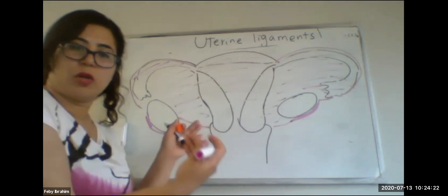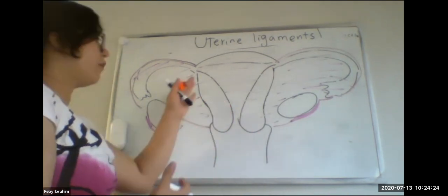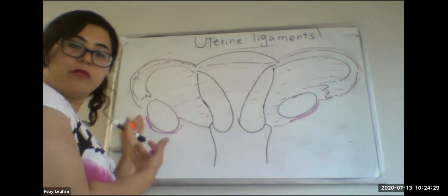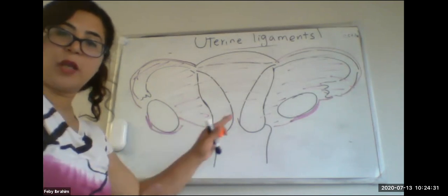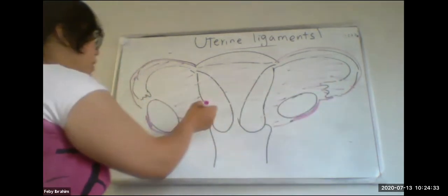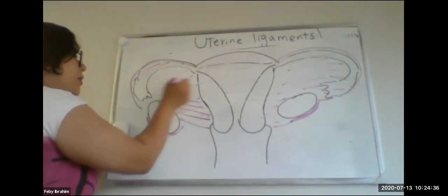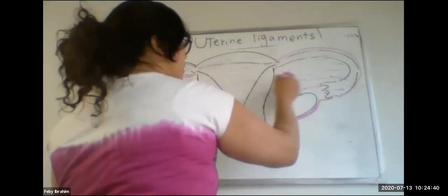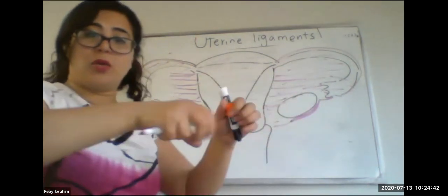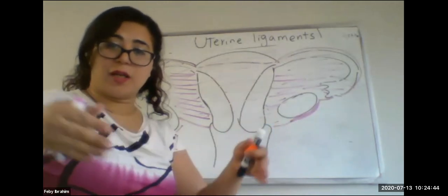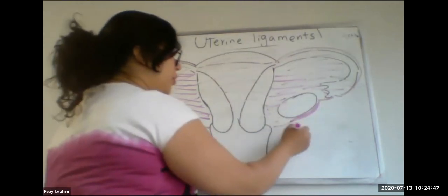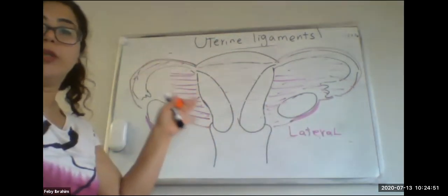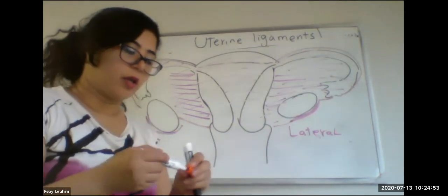In this anterior view, you will not be able to see the broad ligament on the ovary because it's attached from the posterior aspect. Look here at how it extends from the lateral side of the uterus to the side wall of the pelvis. So it gives lateral support. This is the broad ligament.